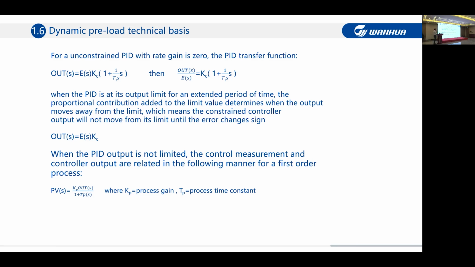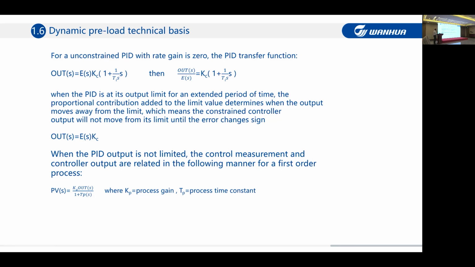When the PID output is not limited, the control measurement and the control output are related in the following manner. We just assume a first order process. So the PV is like this: the PV equals the process gain KP multiplied by the output, divided by the process time constant.